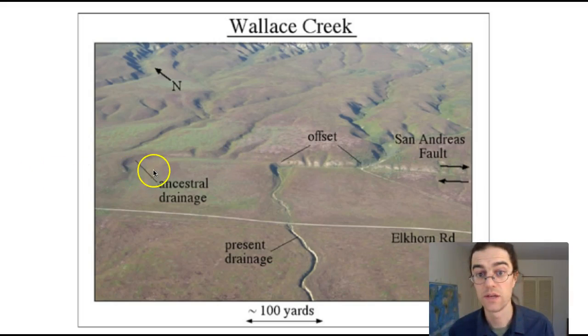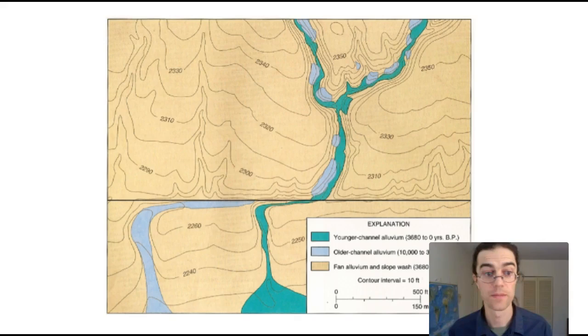But you can see further down, further south, that is its ancestral drainage, as they're labeling it, and here we have the topographic map of that same viewshed, if you will.